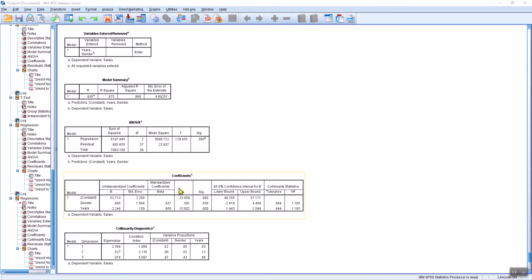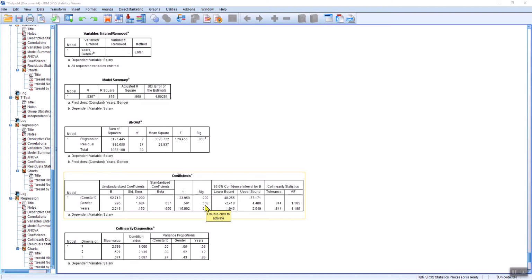Next, we look at the coefficients. This is our regression table, our multiple regression table, and you can see that years is highly significant. Over here is the significance for that predictor, whereas gender is no longer significant. So gender used to be significant at 0.033.